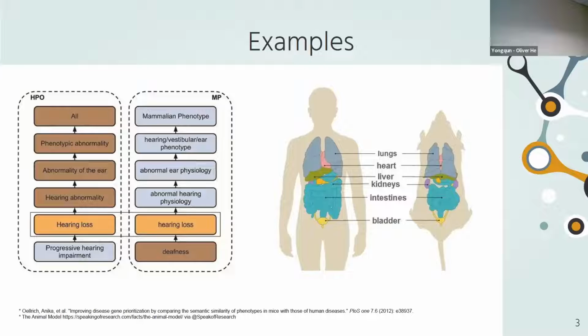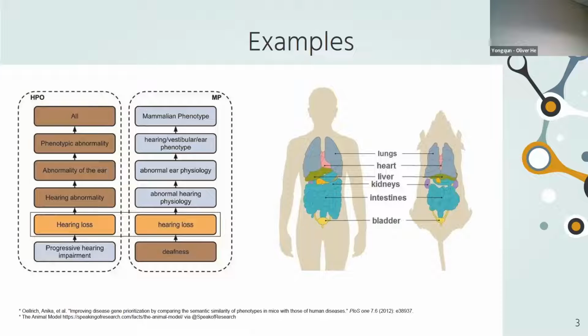But if we want to see, for example, the effect of a gene change or a drug in a mouse versus a human, we can define those similarities between, for example, the lung of both the mouse and the human, and the heart and the liver.